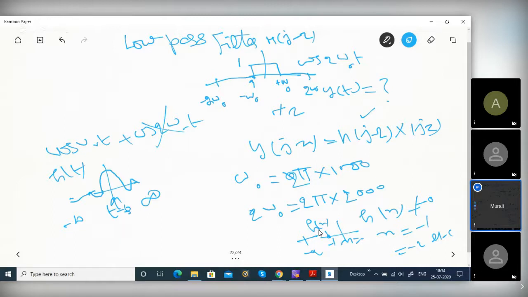What is the convolution? I told you another formula: sum of h of n minus k, x of k. Give me one minute, x of k.